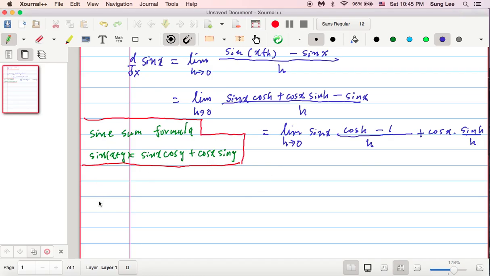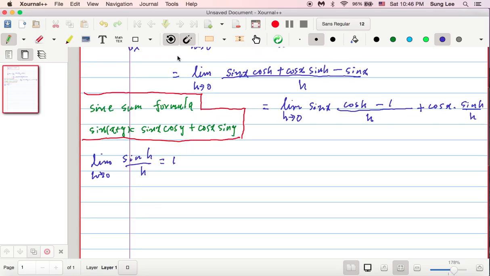Okay, so here also, there are two things you will have to remember. We did talk about the following limits. The limit as h goes to 0 of sine h over h is a very important limit, right? Which is 1. Also, using this limit, we calculated, as one of the examples I talked about, the limit as h goes to 0 of cosine h minus 1 all over h, that is 0.